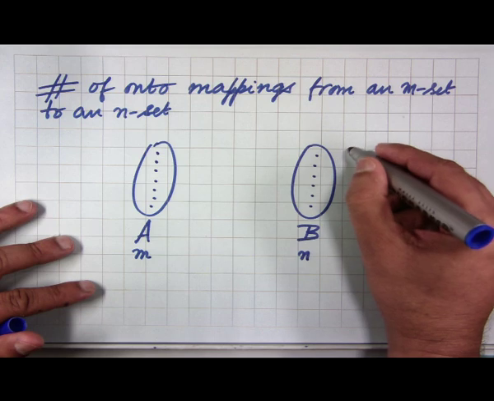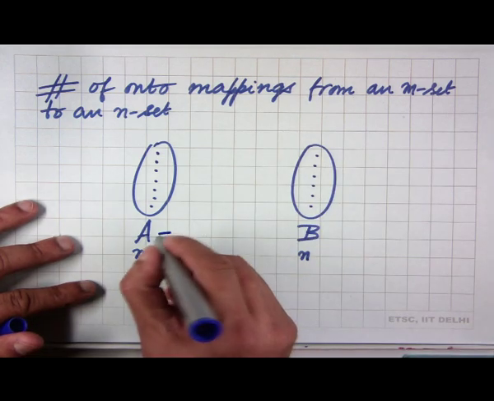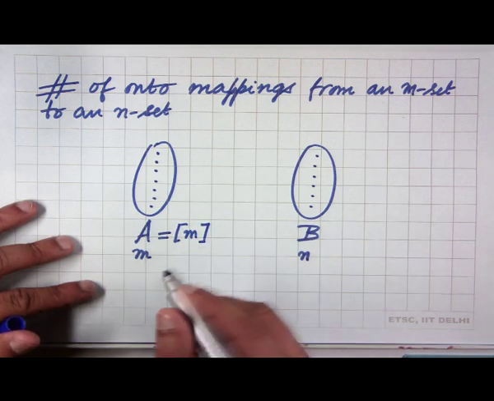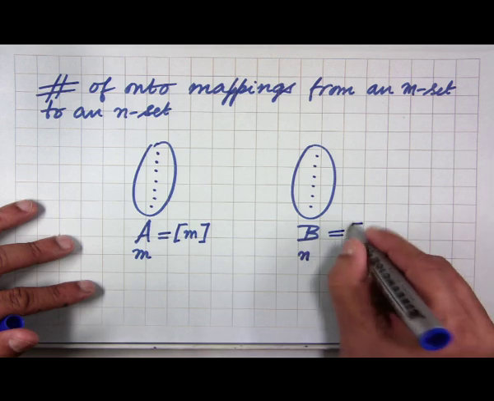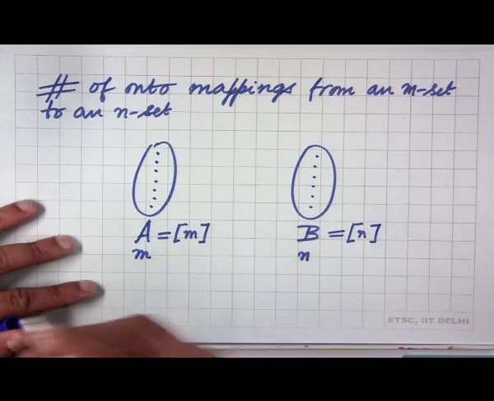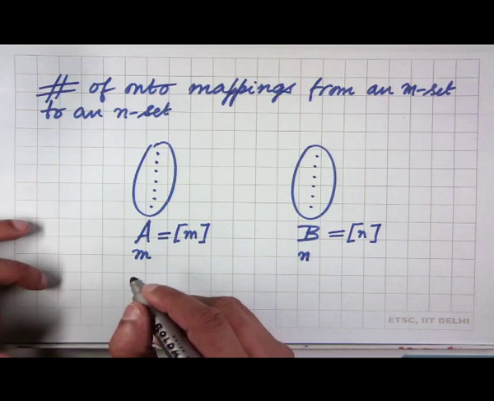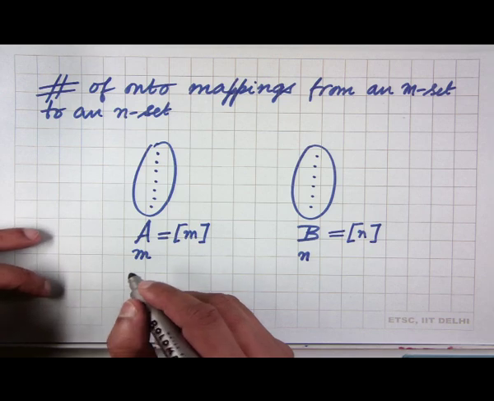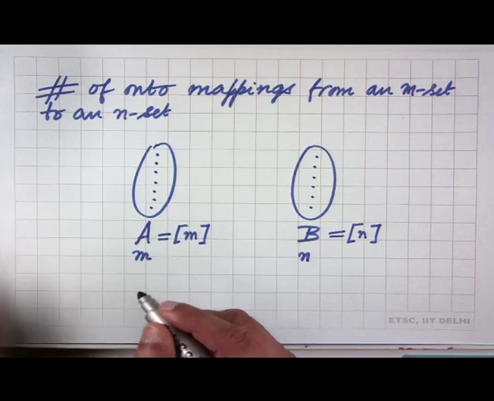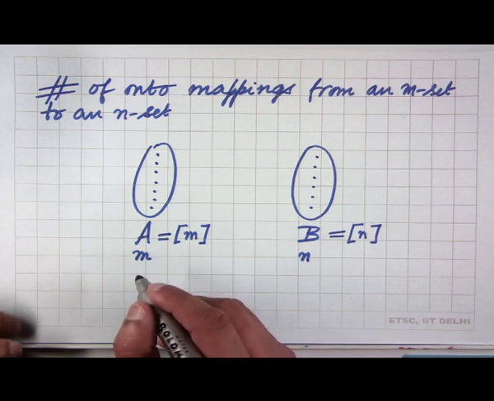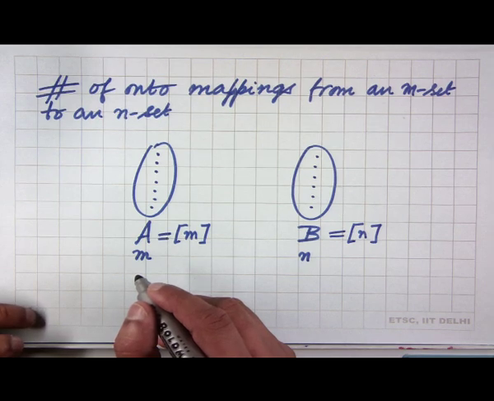I could simply take the instance when A is in fact the set 1 through M, denoted by the square bracket M, and B is the set 1 through N, denoted by the square bracket N. Now, we want to find the number of onto mappings from an M set to an N set. We have to apply the formula for PIE in the indirect version, in the complement version.